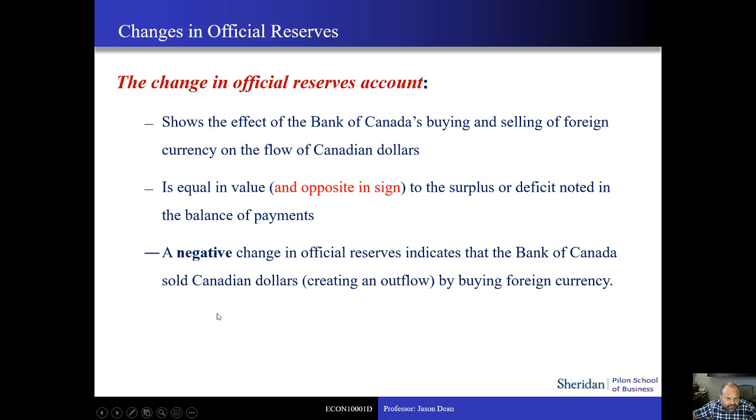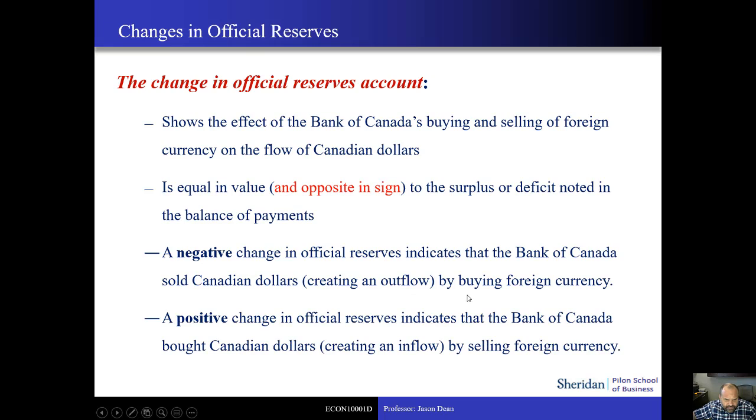Okay, a negative change in official reserves indicates that the Bank of Canada sold Canadian dollars, which would be creating an outflow by buying foreign currency, and a positive change in official reserves indicates that the Bank of Canada bought Canadian dollars, which would create an inflow by selling foreign currency.